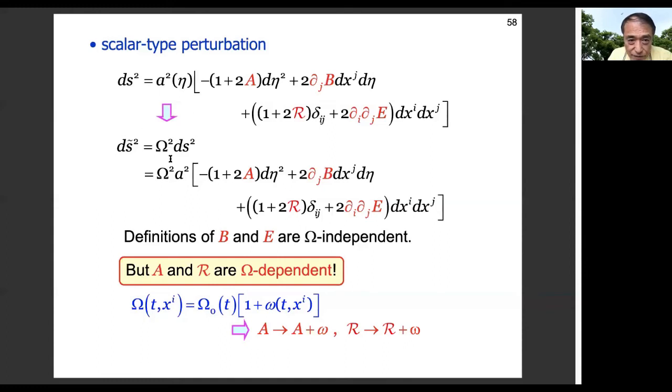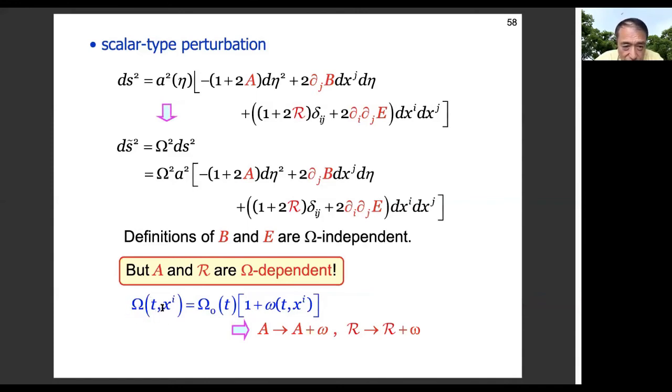If you do the transformations, you find that B and E, because they contain some spatial derivatives, are omega independent, but A and the curvature perturbation won't be, because omega in general contains perturbations.